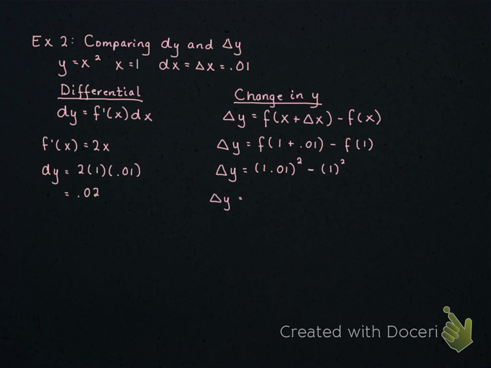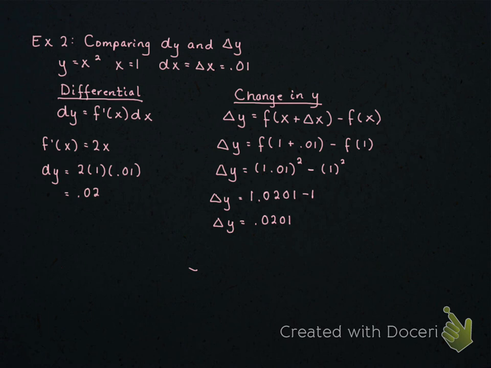So delta y equals 1.01 squared, which is 1.0201, minus 1. So delta y is equal to 0.0201.